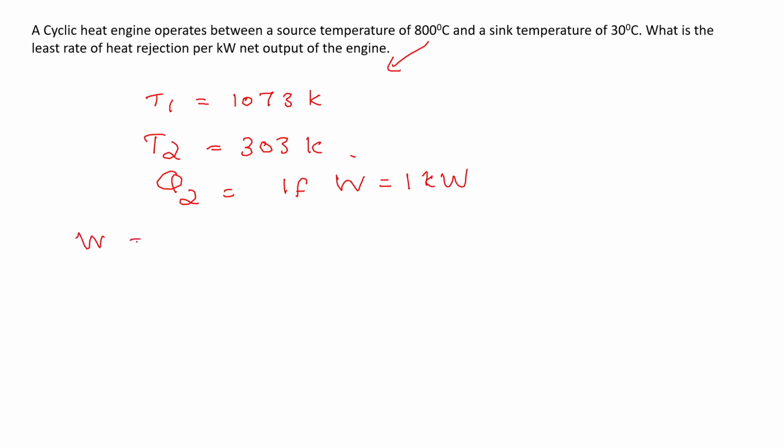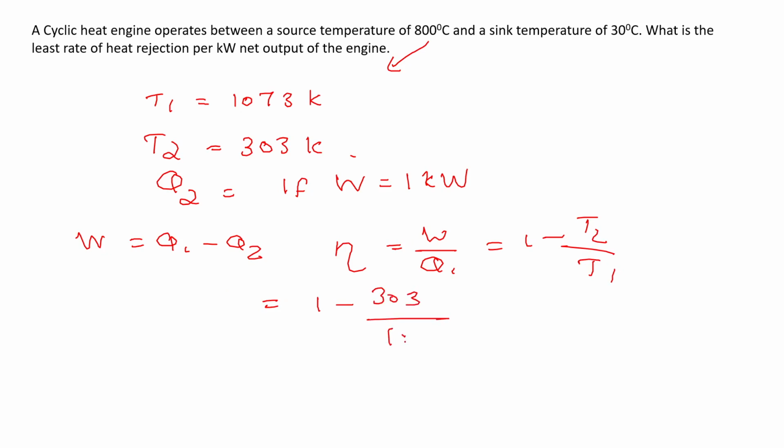Now you know W is equal to Q1 minus Q2, and efficiency W by Q1 is 1 minus T2 by T1. 1 minus 303 divided by 1073, what is the answer? 0.72.